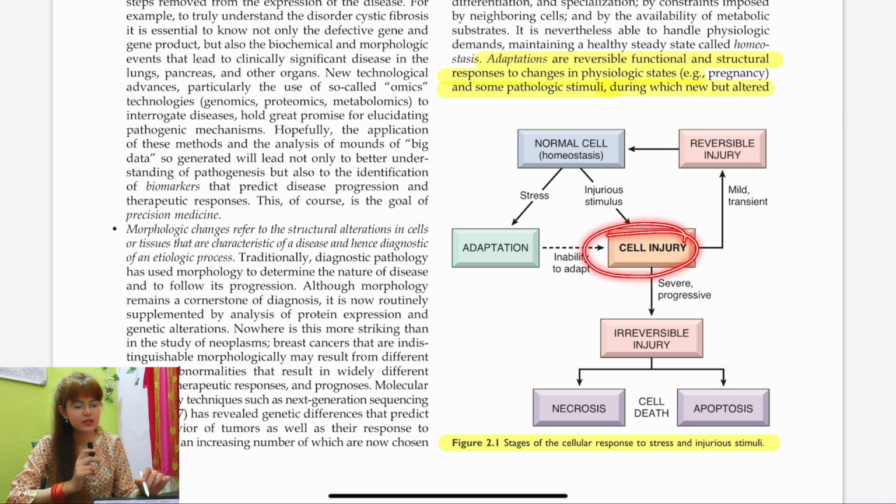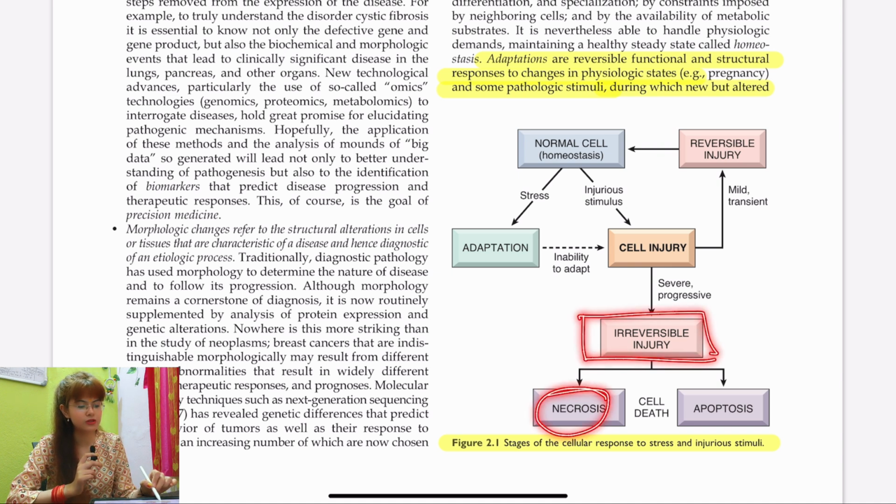If the cell injury is mild and transient, the cell will undergo reversible injury, and if it is severe and progressive, the cell will undergo irreversible injury. Necrosis and apoptosis are two forms of cell death. So whenever a short note comes on irreversible injury, you should always mention necrosis and apoptosis, because that ultimately is the outcome of irreversible cell injury.